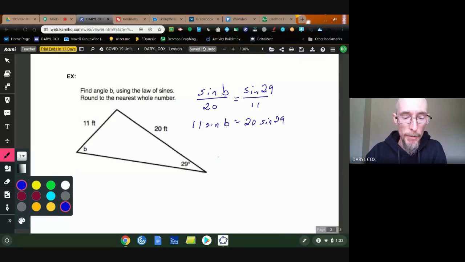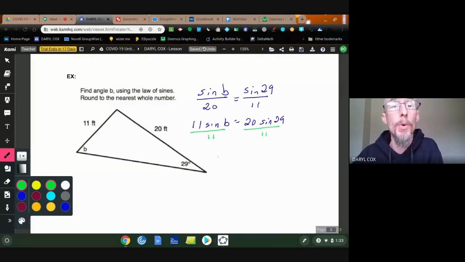Now what I'm going to divide by this time is 11. Remember, sine of B is one number, and B is my unknown, so I can't just divide by sine. That doesn't make sense. When I do this, I get the sine of B equals 20 sine of 29 over 11.